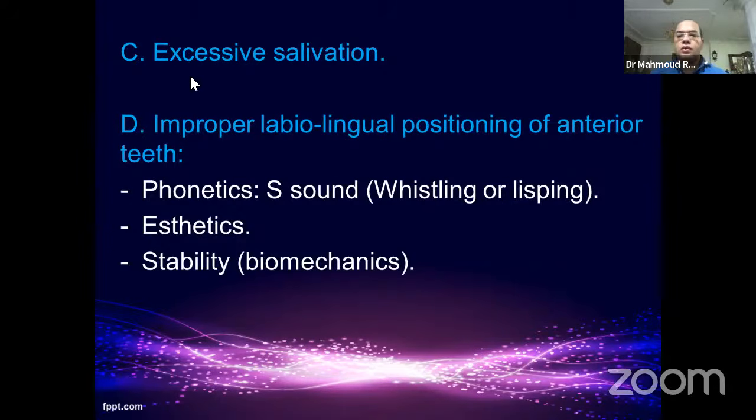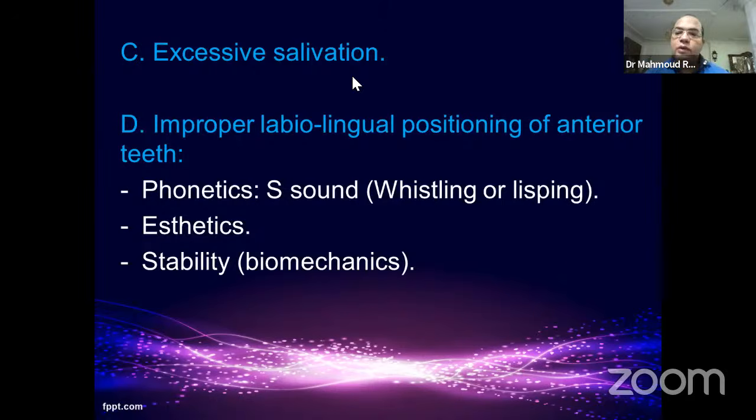This is normal when the denture is first inserted, because the patient's body acts as if the denture is a foreign body inside the mouth. But after accommodation, the salivary secretion will decrease to normal. If the patient has excessive salivation, he can't speak well.